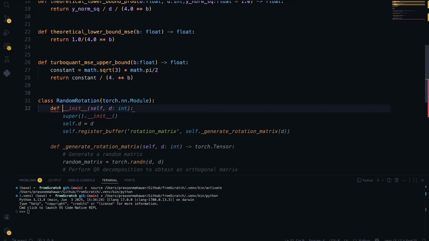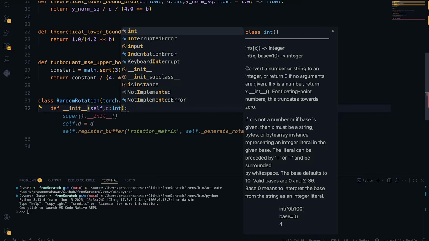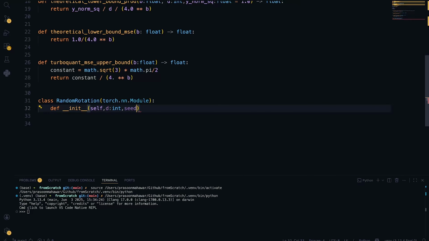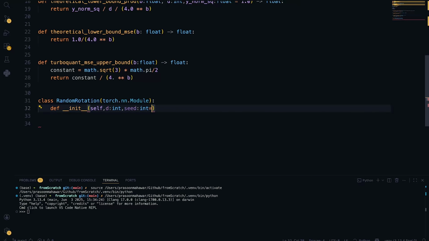First we will write the constructor: self, d, that is the dimension, which is int, and the seed, that is also int, and by default it will be 42.